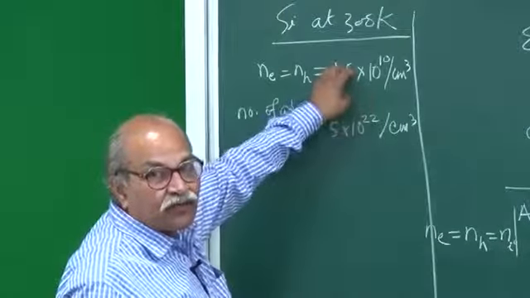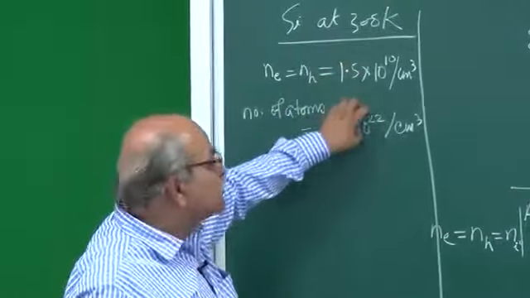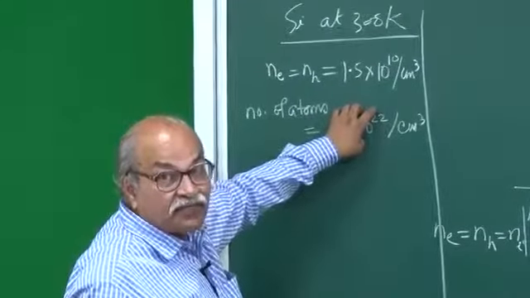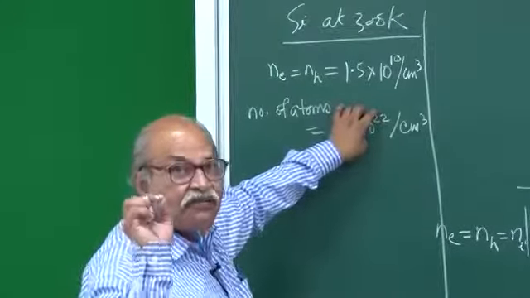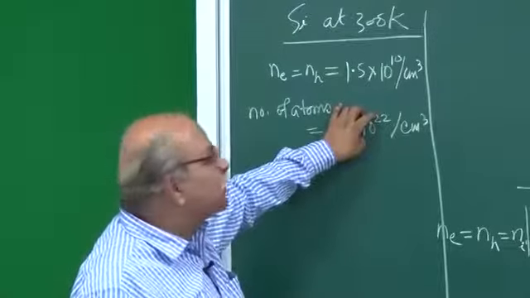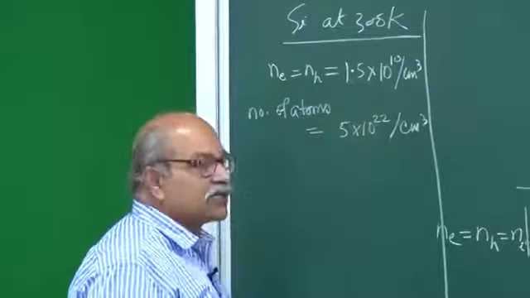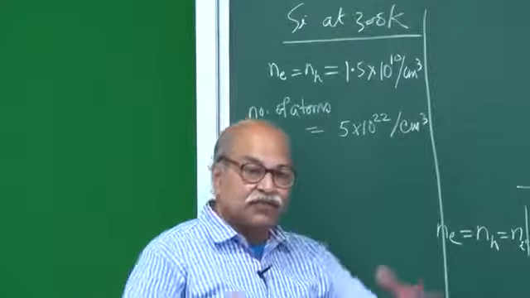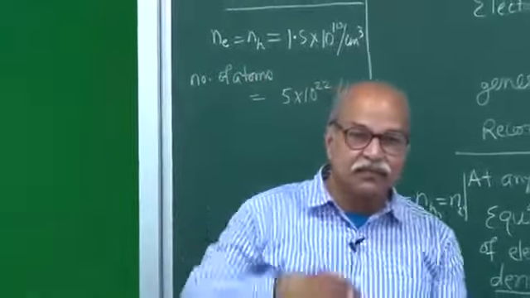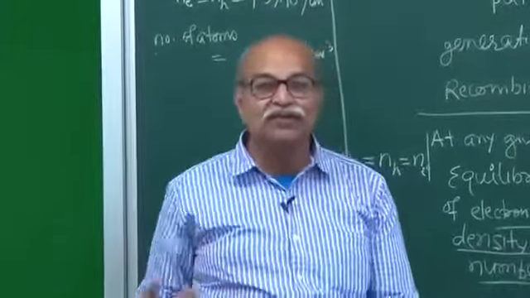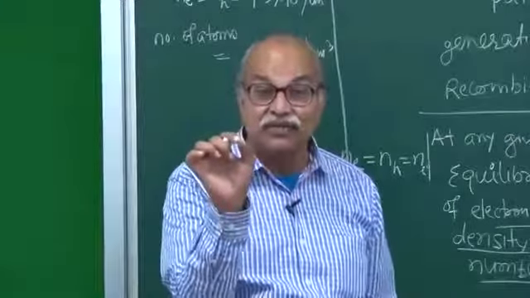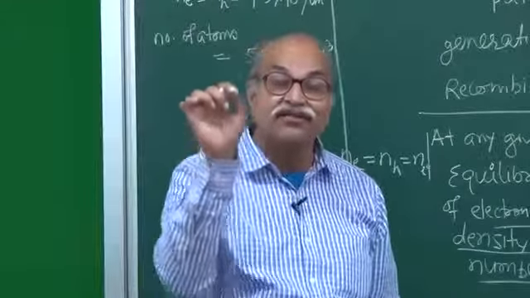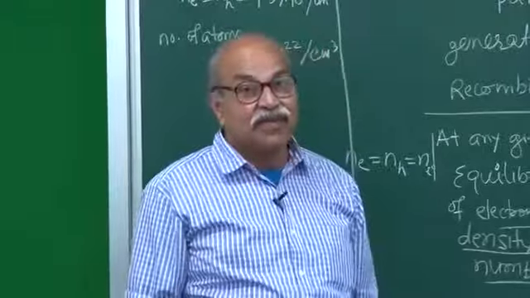Okay, 1 electron hole pair comes from 10 to the power 12 atoms. So it's a really small fraction. With those many atoms, with those many covalent bonds, on the average 1 bond is broken and that electron has gone to the conduction band.